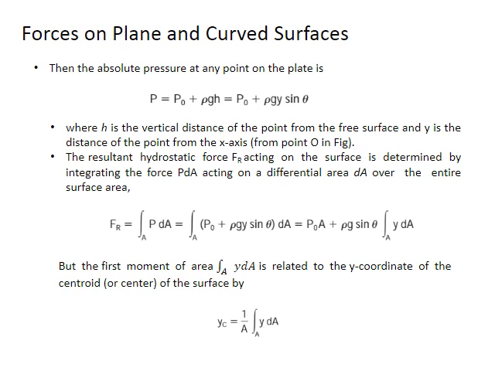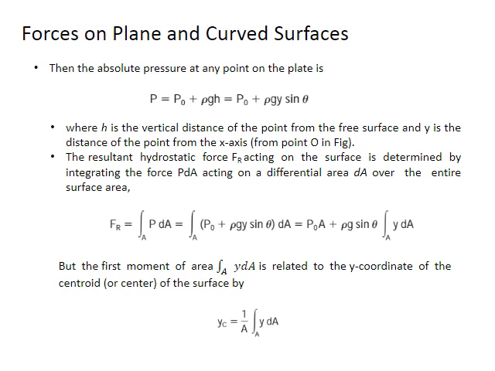We will find the pressure first on that particular area, then multiply that pressure by the differential element of that area, so we get the value of P dA. Then we will integrate that force throughout the surface. Then we will get the entire resultant force acting on that particular plate which is submerged in the liquid.